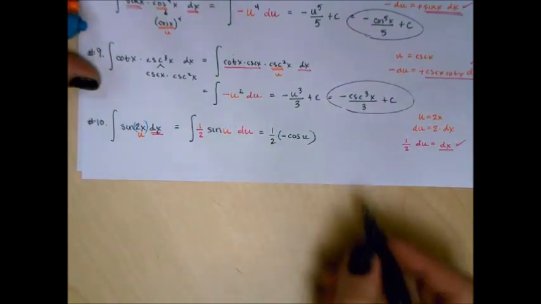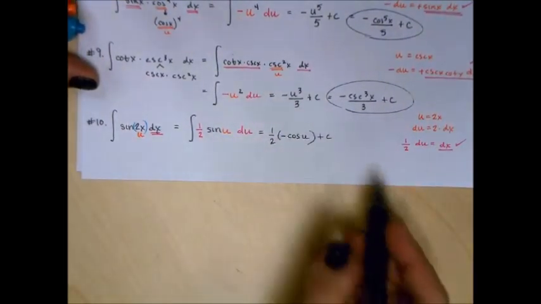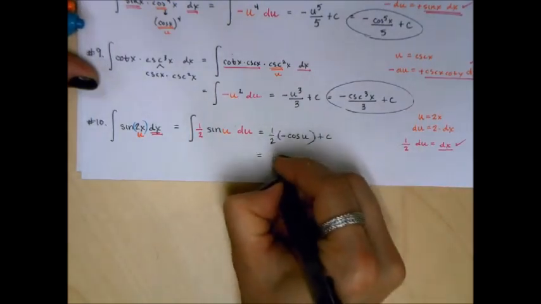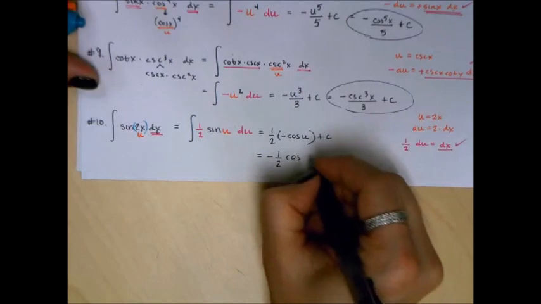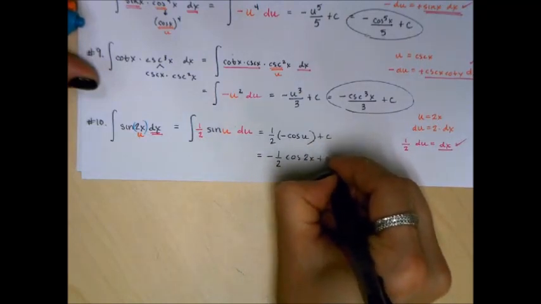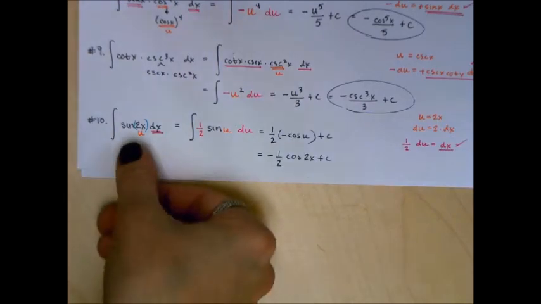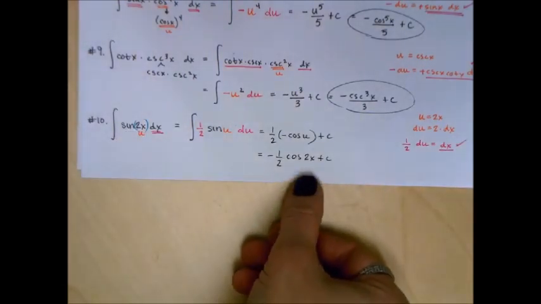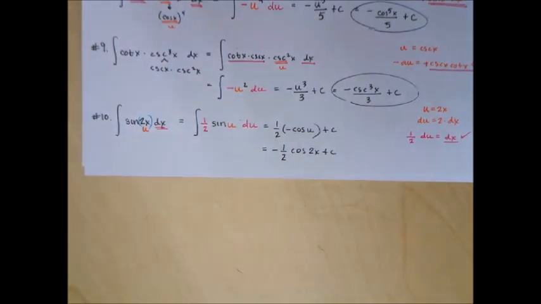So just a little bit here to clean up. We're going to pull that negative out front with the 1/2. And we'll replace u with 2x plus c. And so you can verify this. So integrating sine gets you back to cosine. What's inside stays inside. But when you're taking derivatives with chain rule, remember that the derivative of 2x would be to multiply by 2.